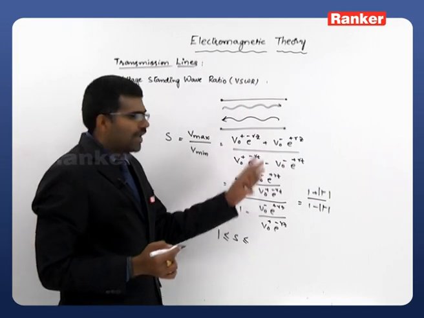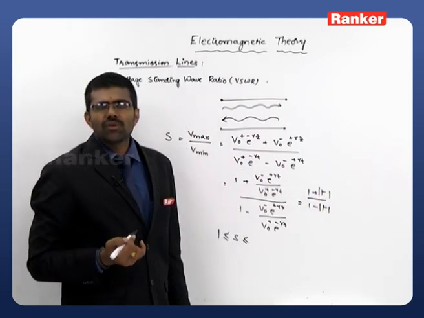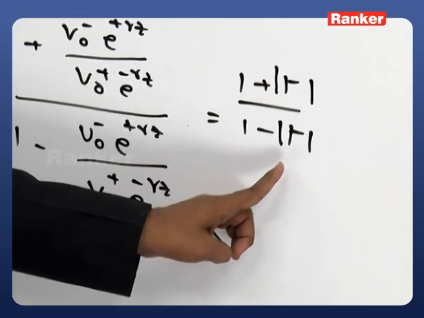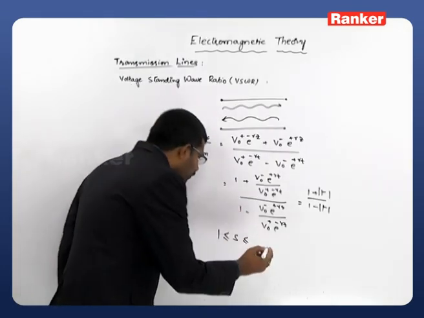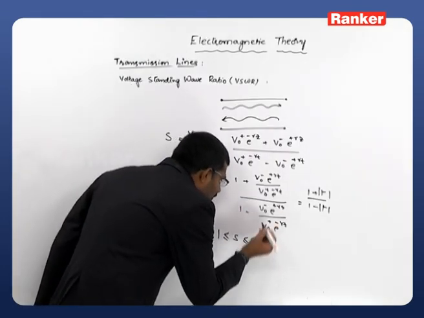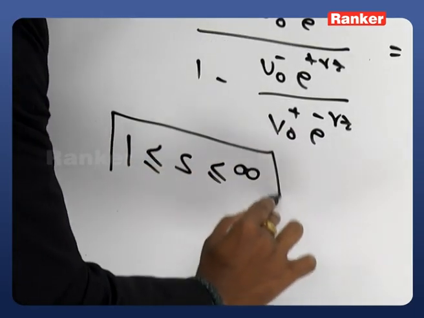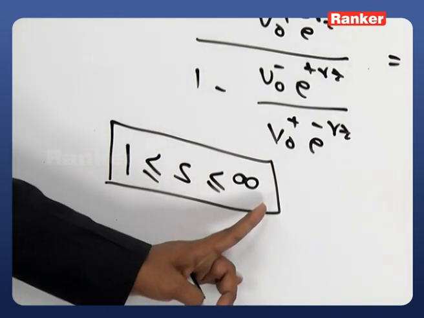What will be the maximum value? The maximum magnitude of gamma is 1. If you substitute 1 here, it is infinite. Actually, it is undefined, but you are supposed to take that as the maximum value for S, that is infinite. So always the standing wave ratio S lies between 1 and infinity.